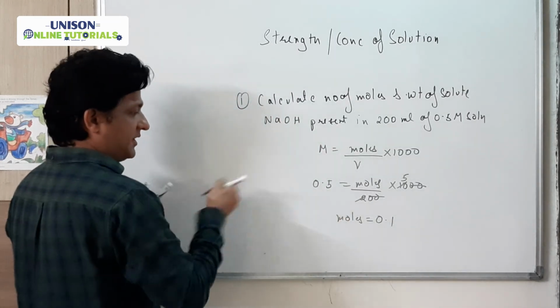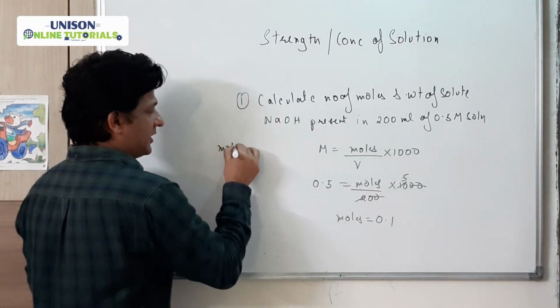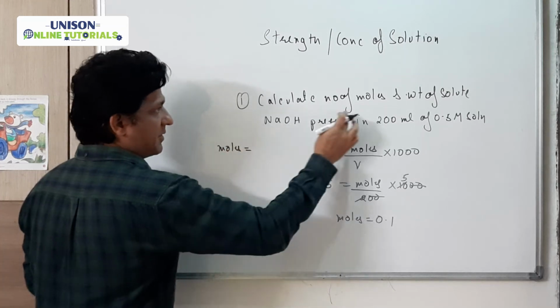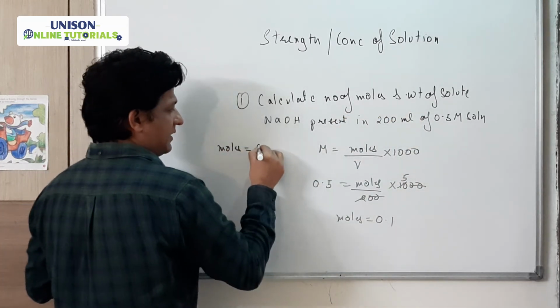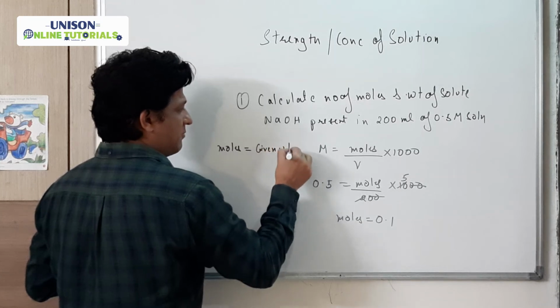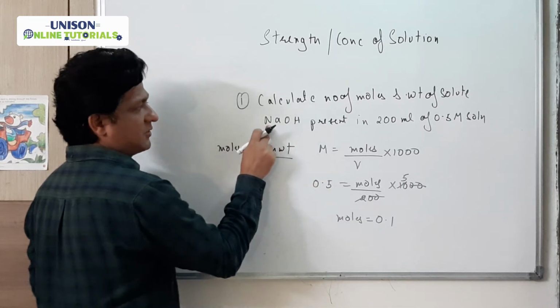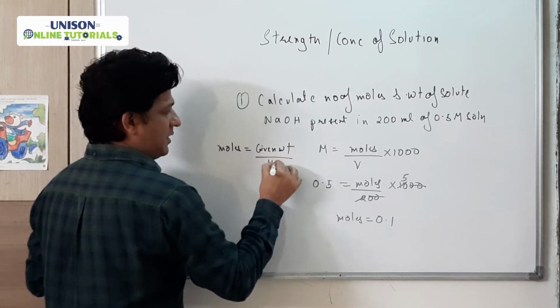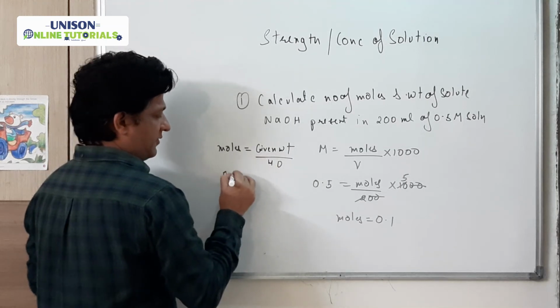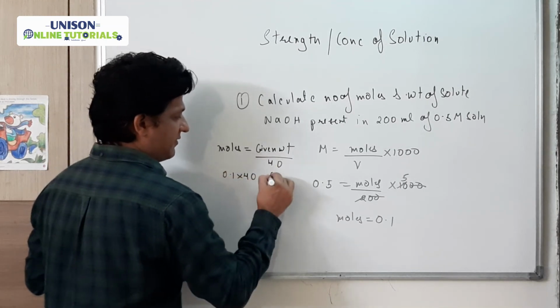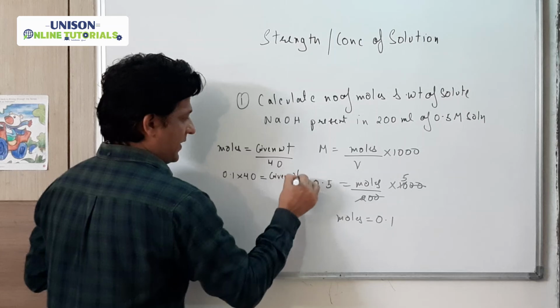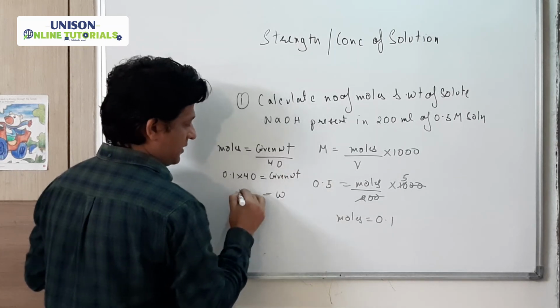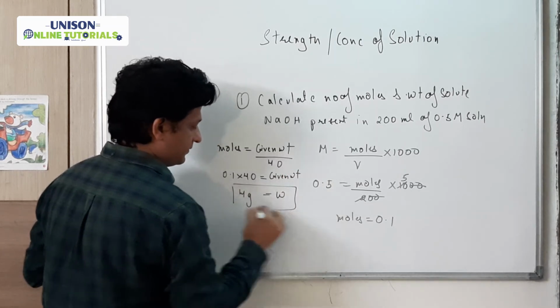Now further देखें, moles का क्या फॉर्मूला होता है? Moles is given mass, हमें because weight भी निकालना है. Given weight by molar mass. Molar mass कितना होगा NaOH का? 23 plus 16 plus 1, 40. So 0.1 into 40, that is given weight. So weight comes out to be 4 gram.